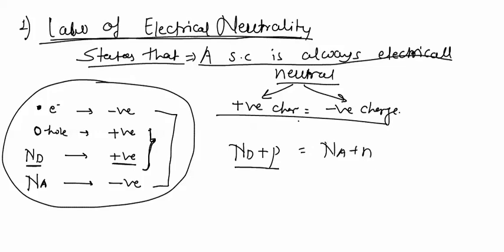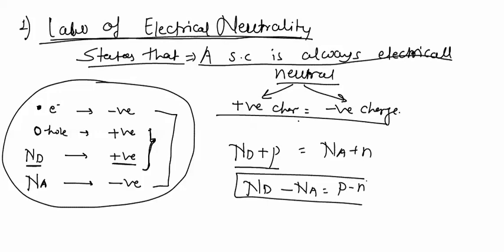We can write this equation as Nd minus Na equal to p minus n. So this is the law of electrical neutrality. This law is very important. We will derive some equations using this law, which will be used in solving the problems of electronic devices and circuits.